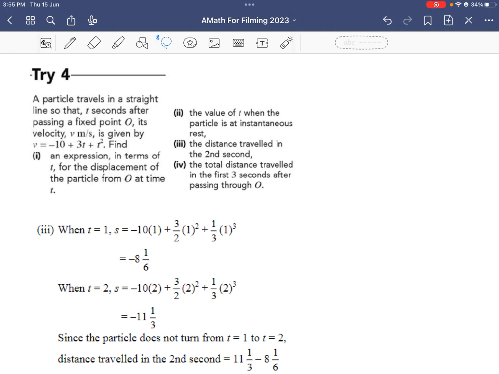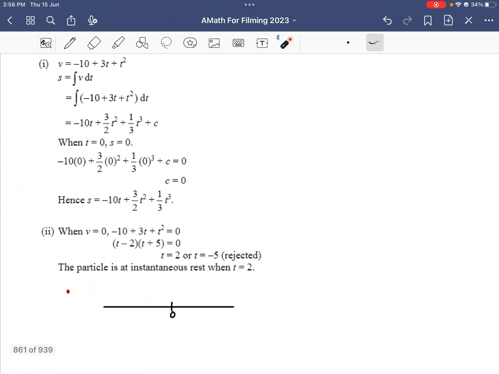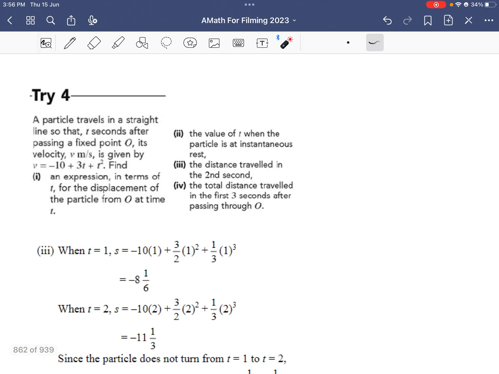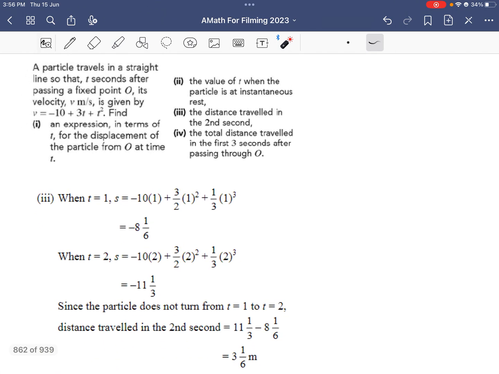Okay, part 3, the distance traveled in the second second. If you remember what we spoke about, the second second means that I'm looking at the motion between t equals 1 and t equals 2. In between, does the particle U-turn? It does not, because it only U-turns at t equals 2.